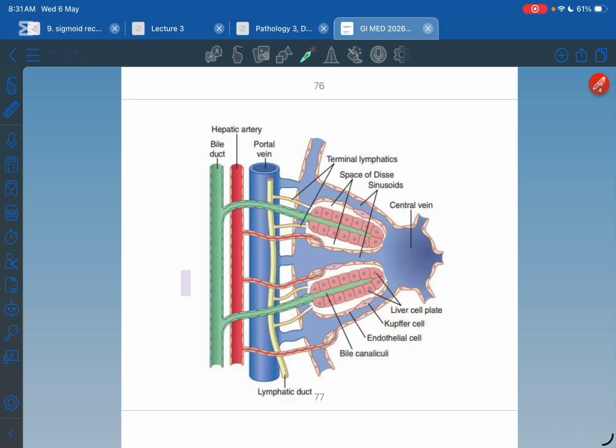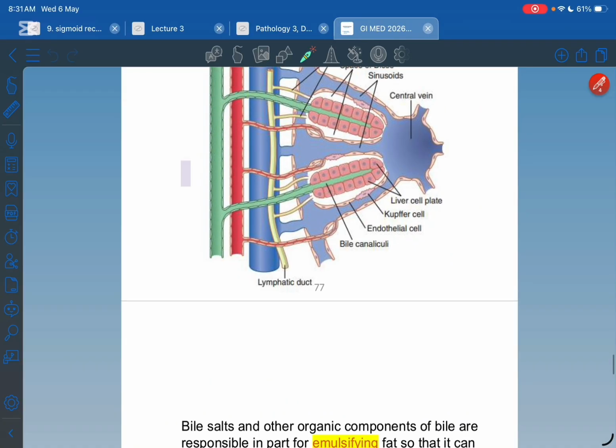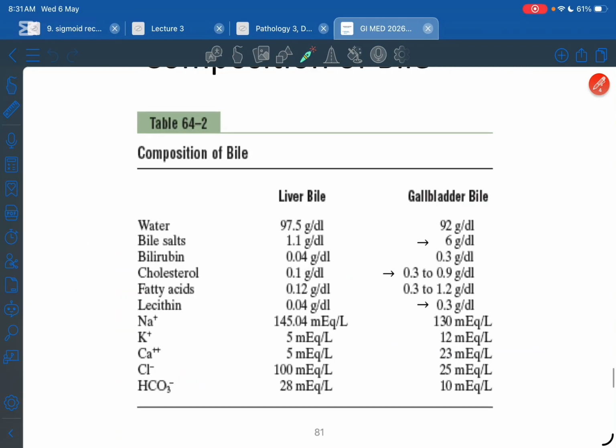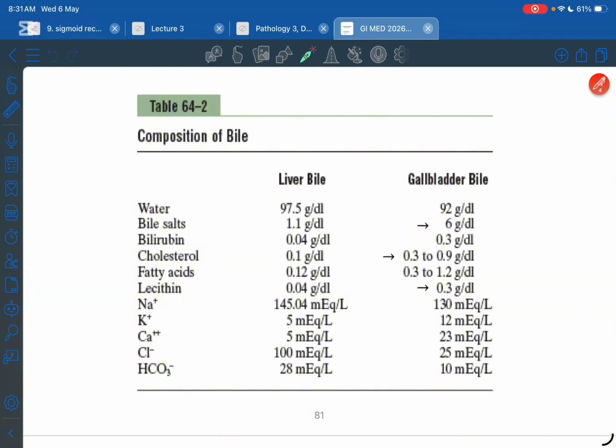Why we need bile? We have one essential element which is needed for fat digestion. So bile contains many components, and these components, what we have the bile salts, what concerns us. Cholesterol is a waste product.